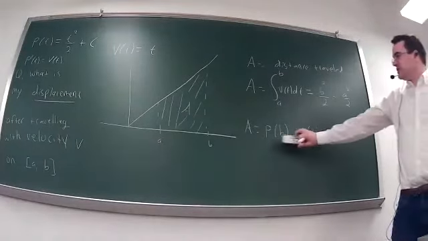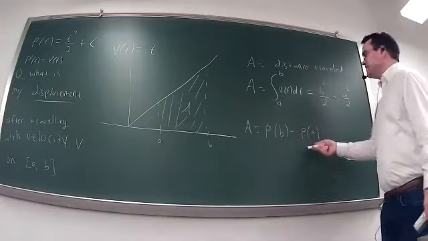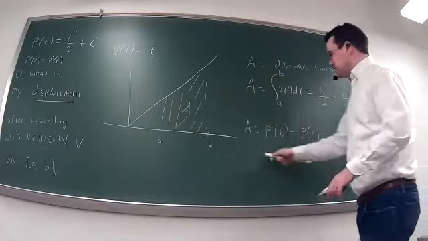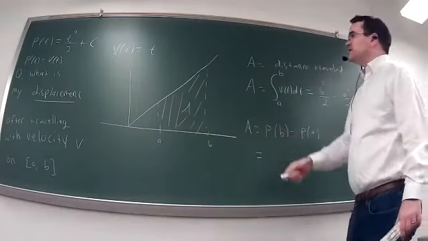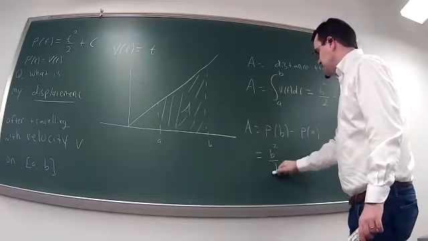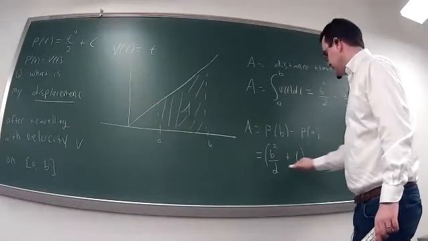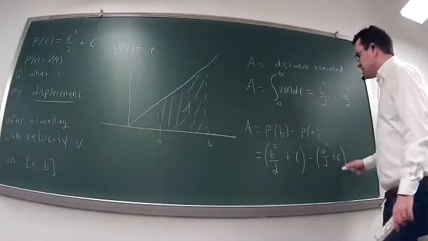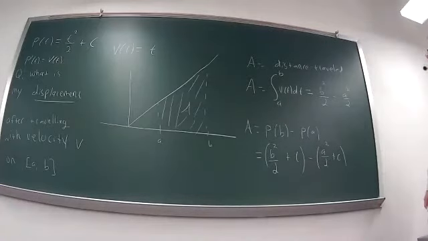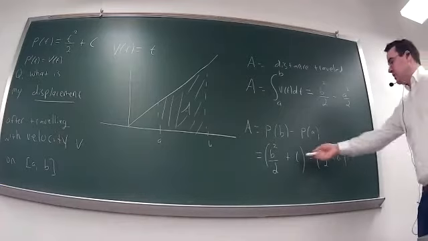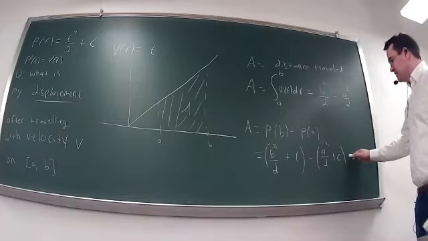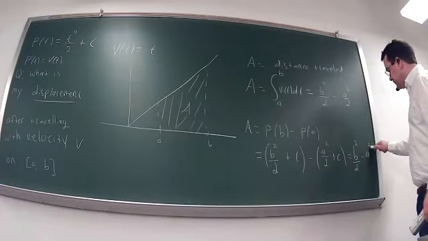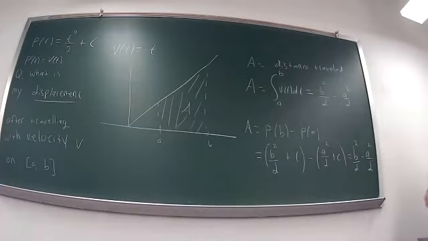And if you just calculate P of B minus P of A, what you will get is simply B squared over 2 plus C minus A squared over 2 plus C. So whatever that constant was, we don't need to know it. It actually drops out of the calculation there. And we just end up with B squared over 2 minus A squared over 2.